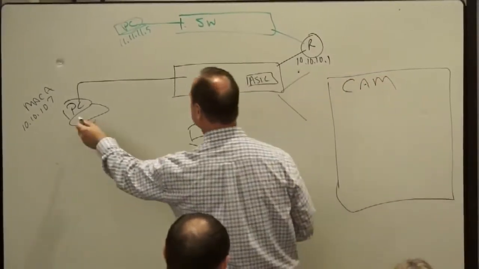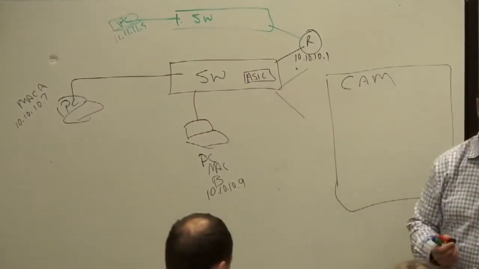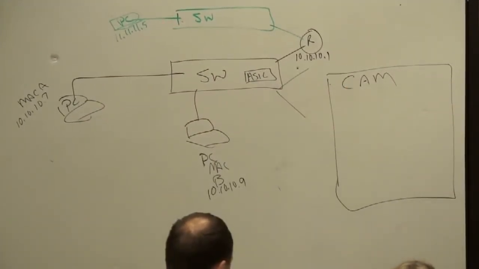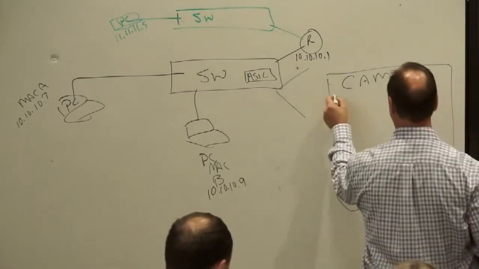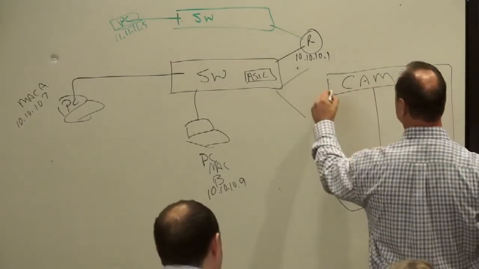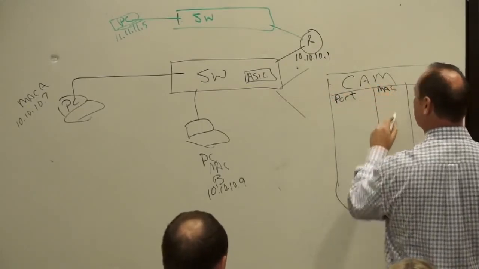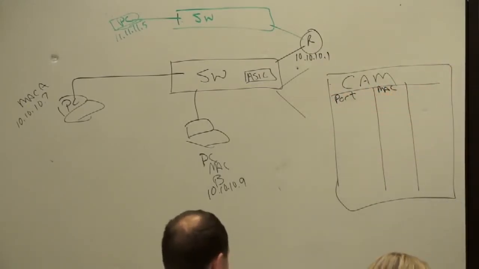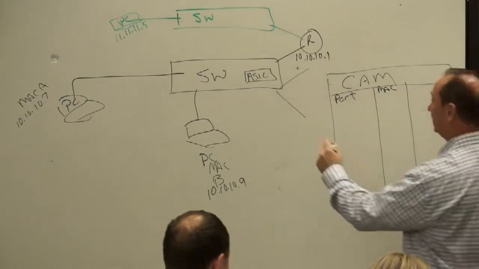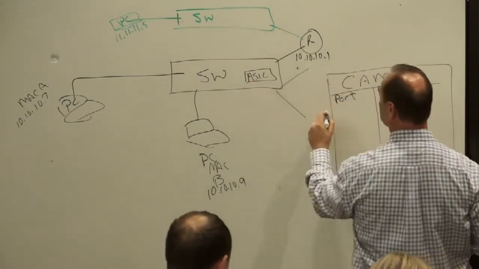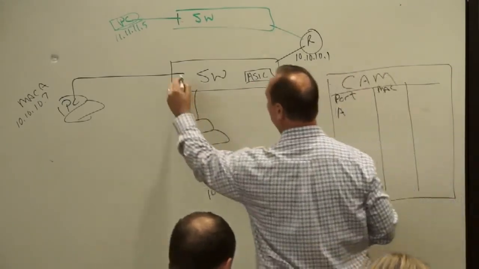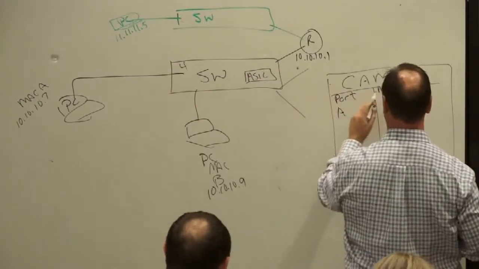When a PC connects up to a switch, the first frame it sends through, the switch says, I've got somebody connected up to me, and they've got a unique MAC address. So they put them in their spreadsheet. The spreadsheet says the port number that we see them on and the MAC address associated with that port number. In this case, this switch sees MAC address A on port number 4.